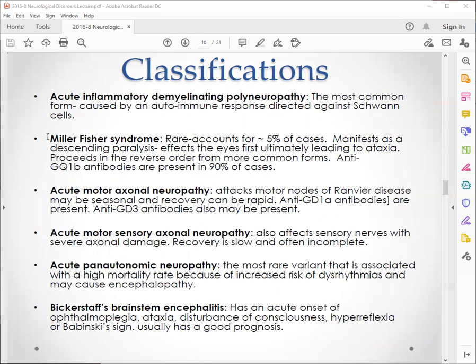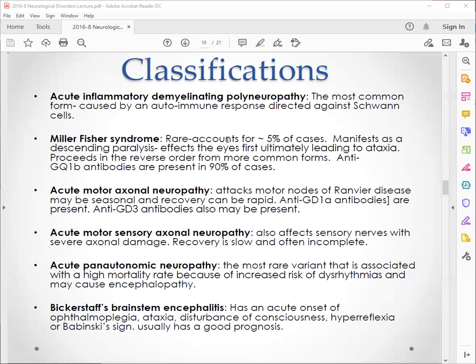There are several different classifications of Guillain-Barré syndrome. There's acute inflammatory demyelinating polyneuropathy. It's the most common form. We believe it's caused by an autoimmune response directed against Schwann cells. There's Miller-Fisher syndrome, a subcategory of Guillain-Barré syndromes.